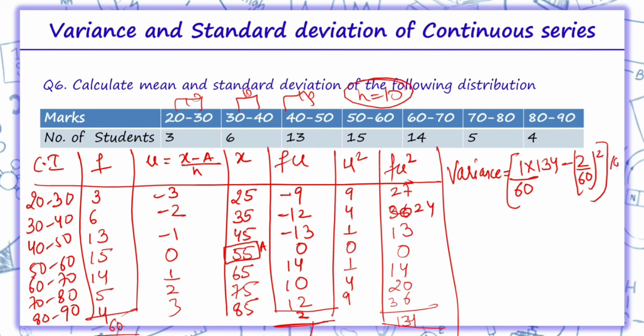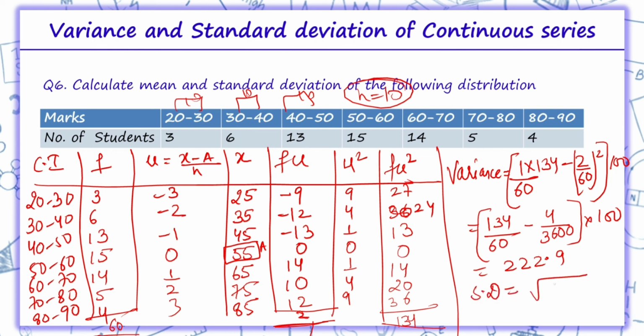So 10 square will be 100. So thus we'll get 134 upon 60, minus 2 by 60 square, which is 4 upon 3600, into 100. On solving we'll get 222.9. Standard deviation is square root of variance. So square root of 222.9 is 14.94.